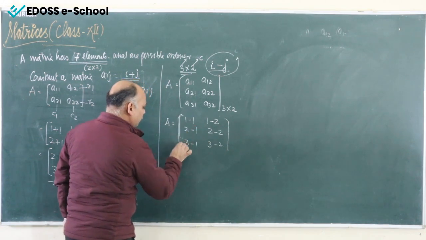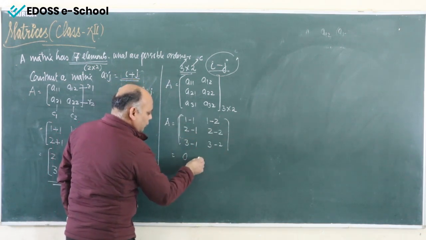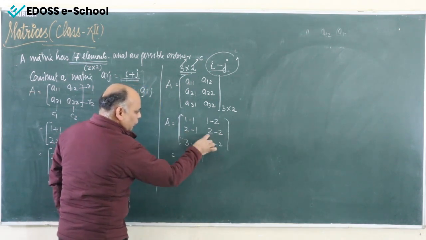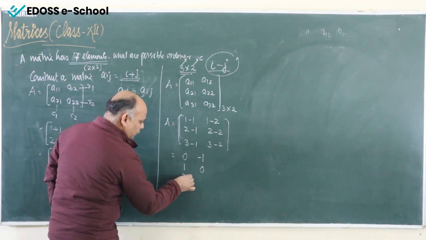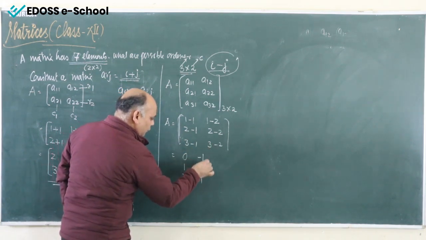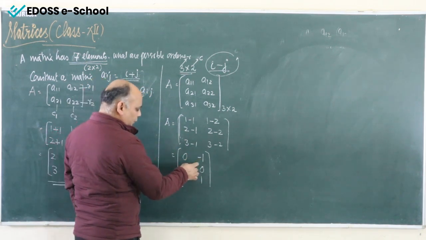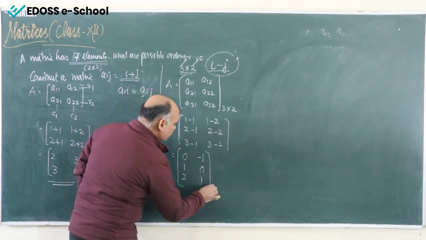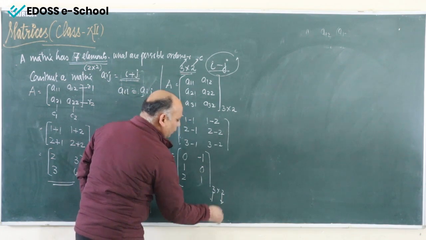Then its value will be 1 minus 1 equals 0, 1 minus 2 equals minus 1, 2 minus 1 equals 1, 2 minus 2 equals 0, 3 minus 1 equals 2 and 3 minus 2 equals 1. Then the required matrix will be 0, minus 1, 1, 0, 2, 1 and its order is equal to 3 cross 2. 3 means rows and 2 means columns.